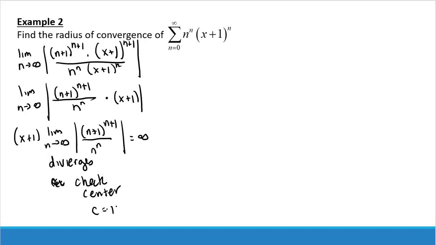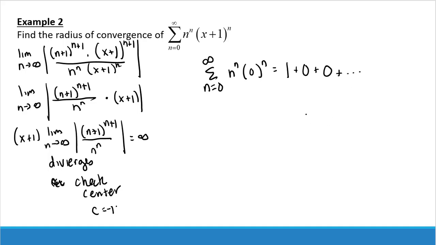So if I plug in negative 1 there, if I plugged in n equals 0, I would get a 1, and then I would continue having 0 to a power, so the rest of them would be 0.